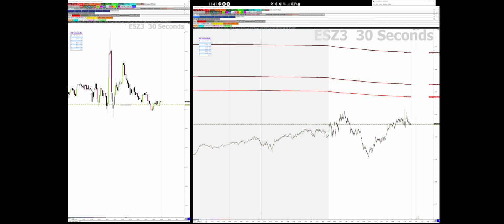These are just buttons to turn on and off, to reset some things that I use to send information to another platform. It just zeroes out the numbers so that they don't continue to print the wrong number. And then I have value areas, points of control, previous high and low, overnight high and low. A lot of those things I accomplish just by using reference lines.